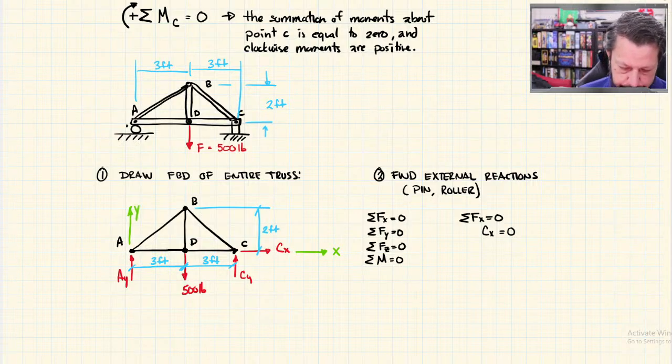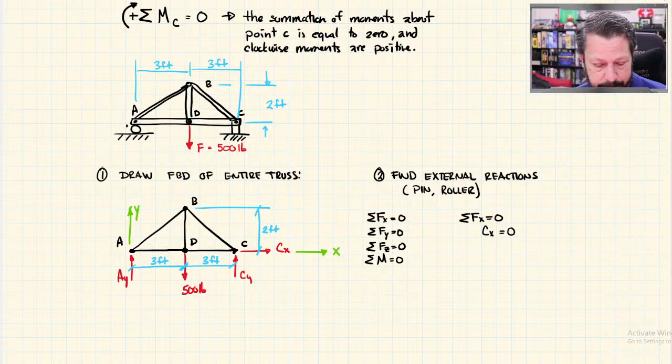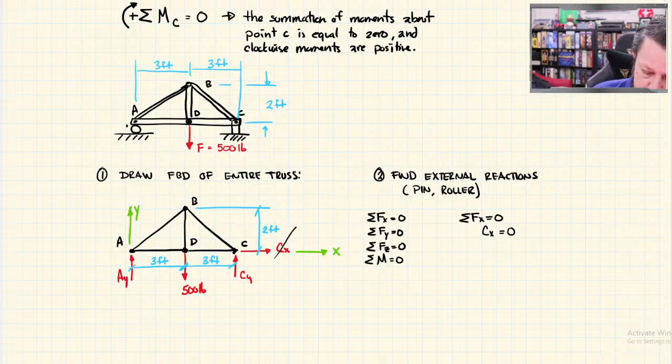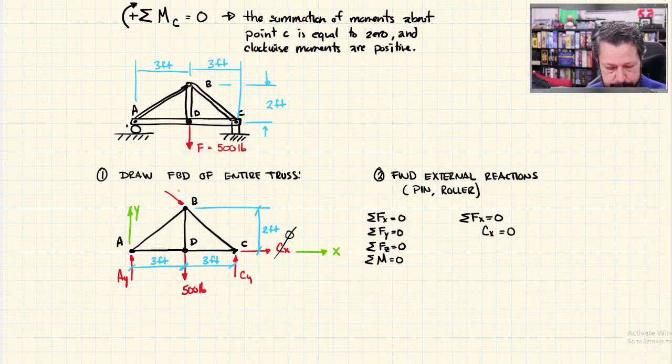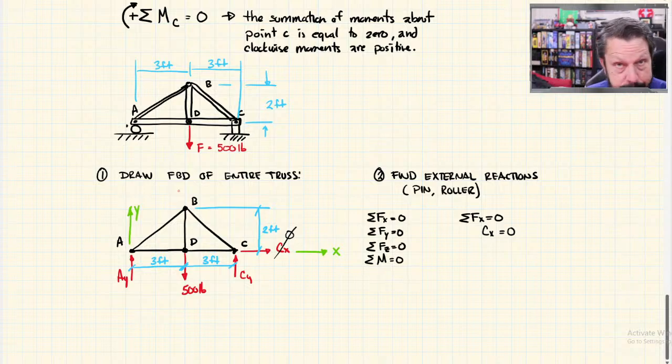A lot of times I don't even draw it on the truss if I can just look at it and see that it is the only one in the x direction. And so I'll just zero it out. So it's not always 0, because there could be forces. I could have some force that has an x component, and then Cx is not 0. But in this truss, I don't have that.